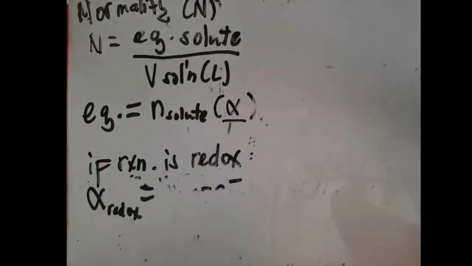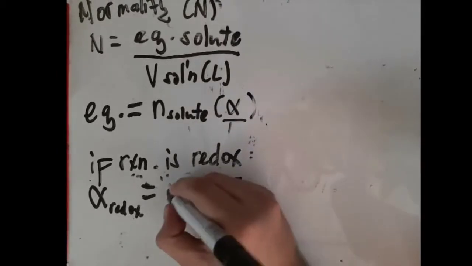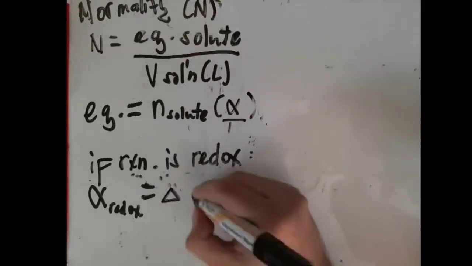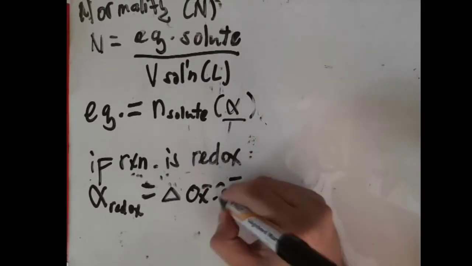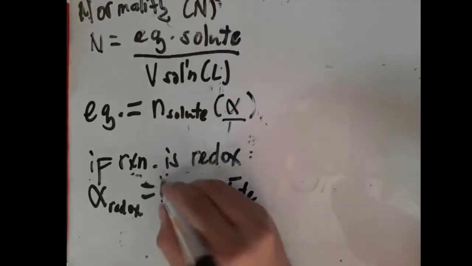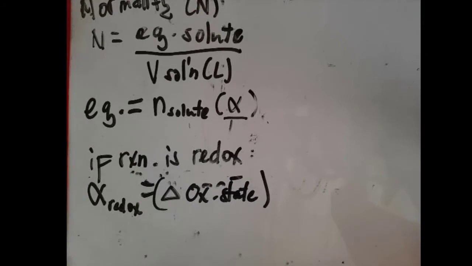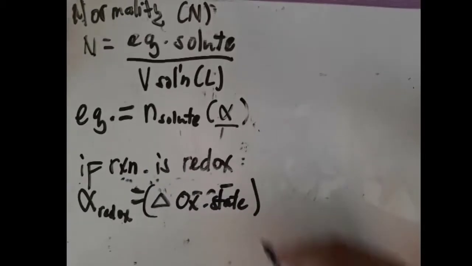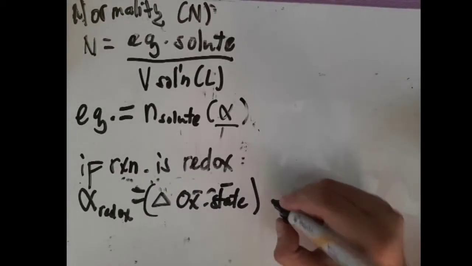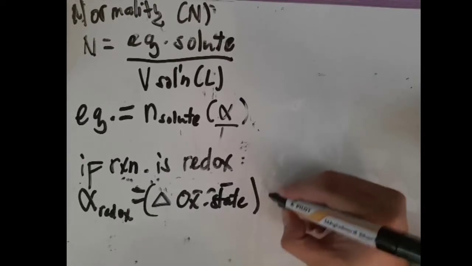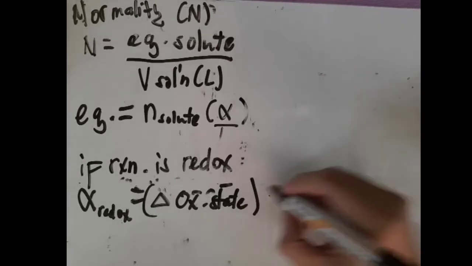Now, another way of expressing the alpha in a redox reaction is the change in the oxidation state of the non-hydrogen or non-oxygen atoms that undergo a redox reaction, multiplied by the number of atoms.